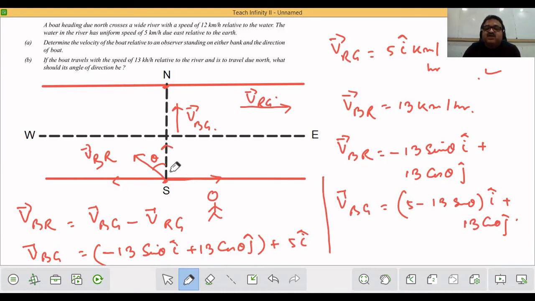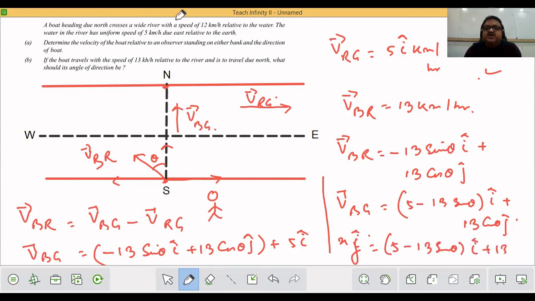This will be along this direction. I don't know exactly what this velocity is, so let me take it as x j cap. So what to do? I have to compare the x-axis with the x-axis, and the y-axis with the y-axis.